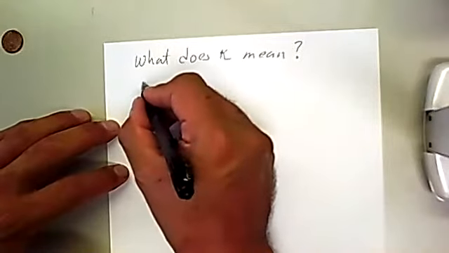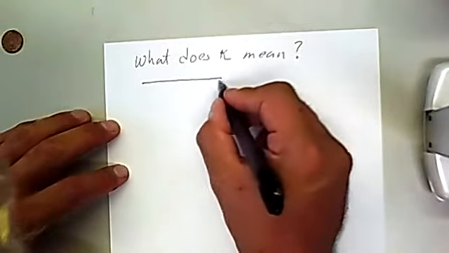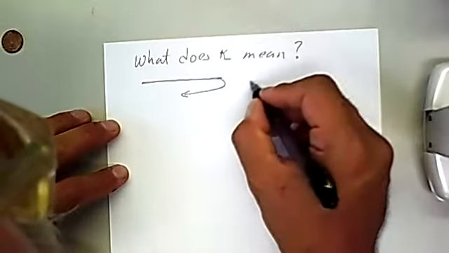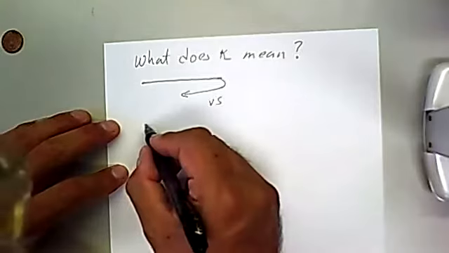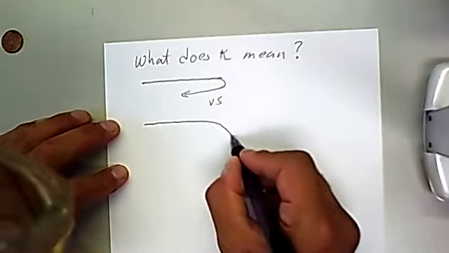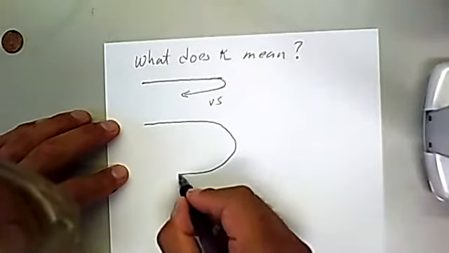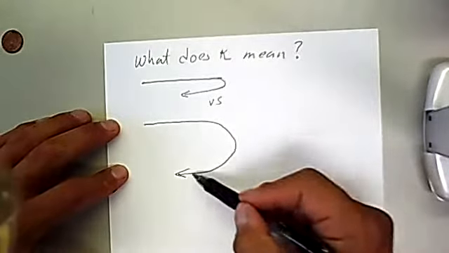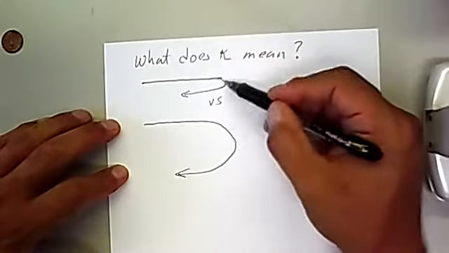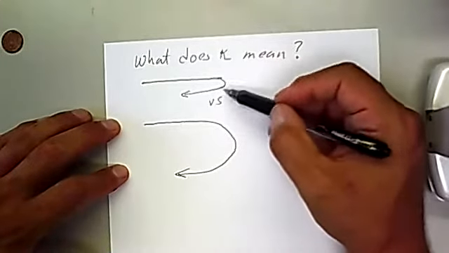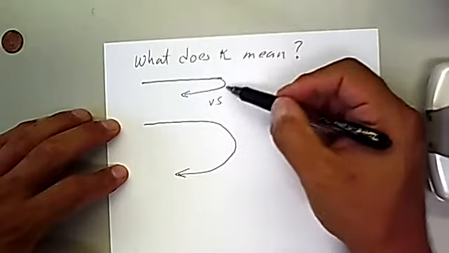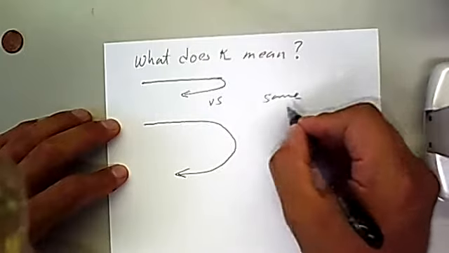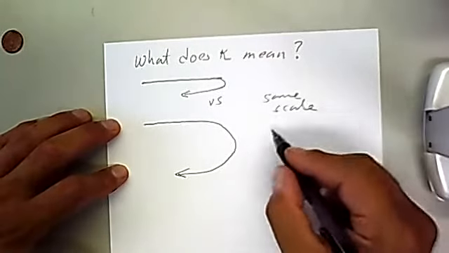Let's say a curve goes straight across and suddenly changes direction, versus another curve that goes and comes back but takes longer to do that. So both go and come back. We're assuming this is to scale, so it is not as if this was a zoom in of this. This is the same scale.